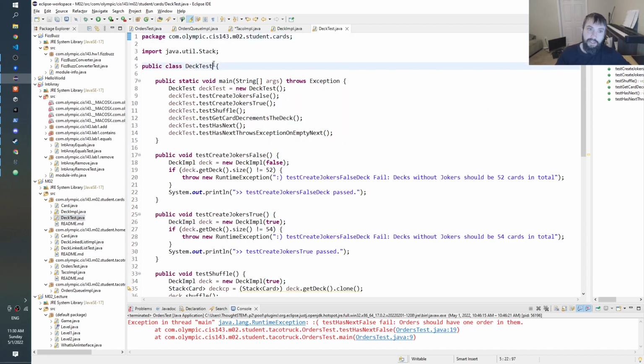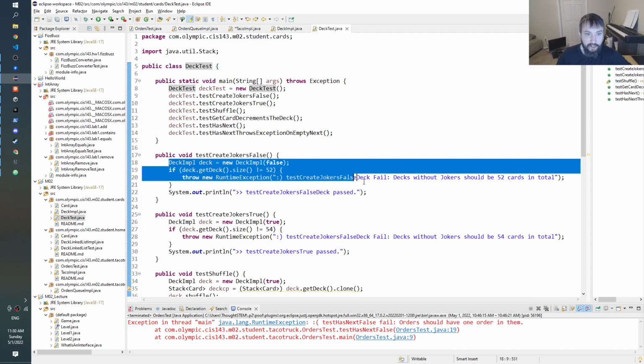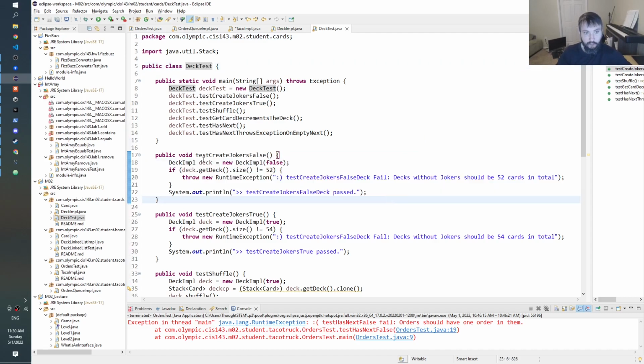So DeckTest, once again, this is a test class, so it's mostly just doing stuff. It's doing stuff with data. So here's a quick algorithm that will check to see if deck has size of 52 after you construct it without jokers.